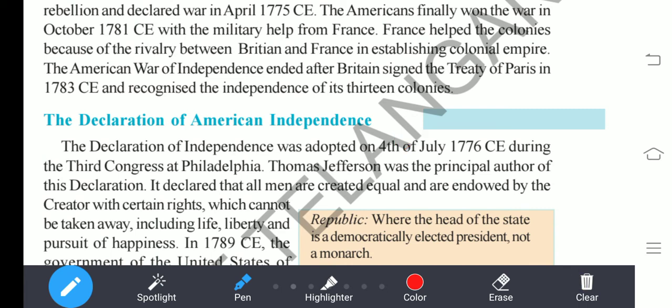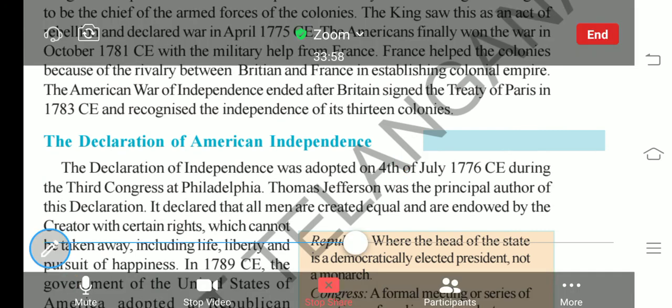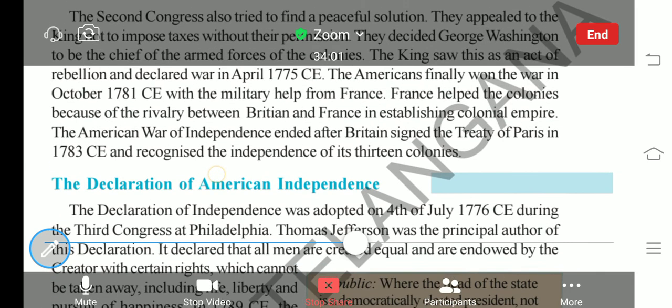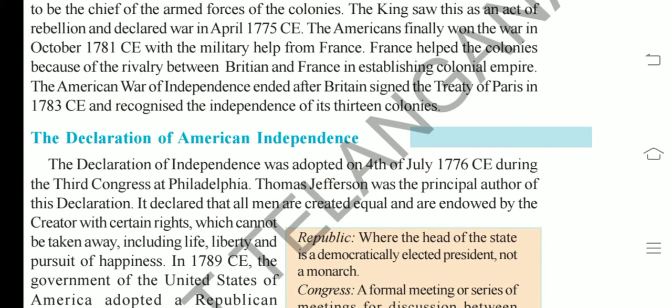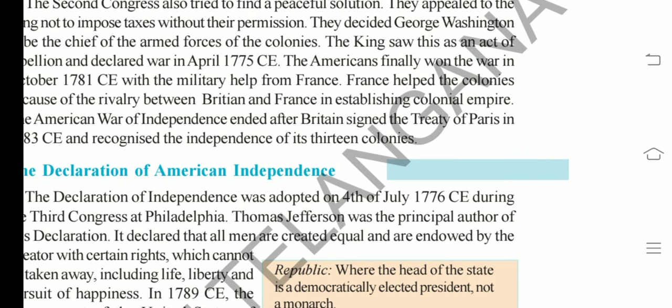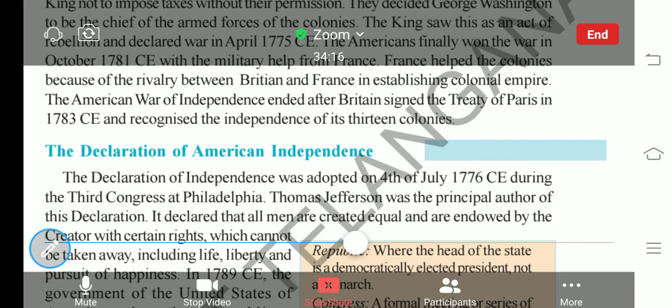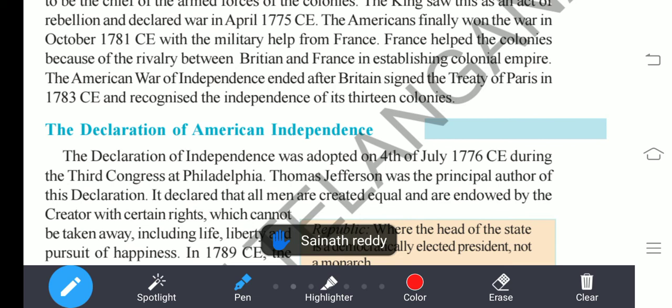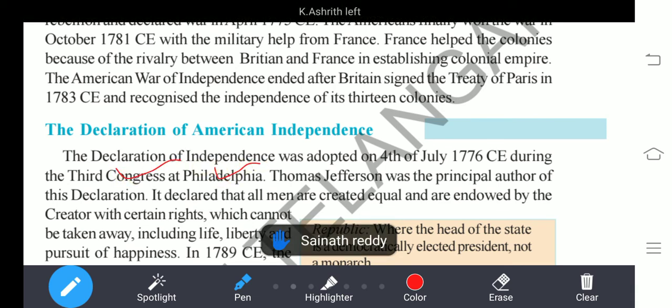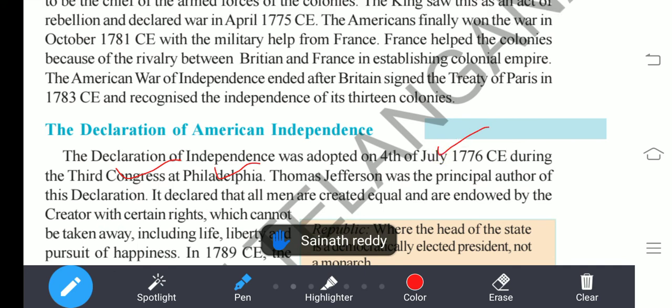Dear students, the point I'm saying here: the war started in 1775, and in 1776, the American people gathered at Philadelphia, that is the Third Congress, that is the third meeting, which was held on 4th July 1776 Common Era.